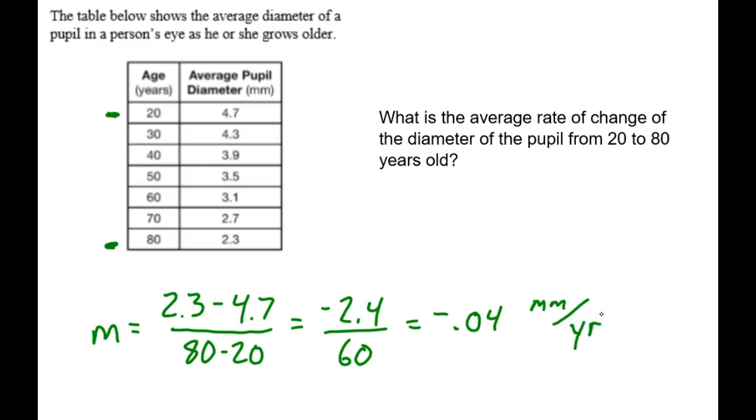So the average rate of change in the diameter of the pupil for a person going from 20 years old to 80 years old is going to be negative 0.04 millimeters per year. Average rate of change is referring to the slope between those 2 points.